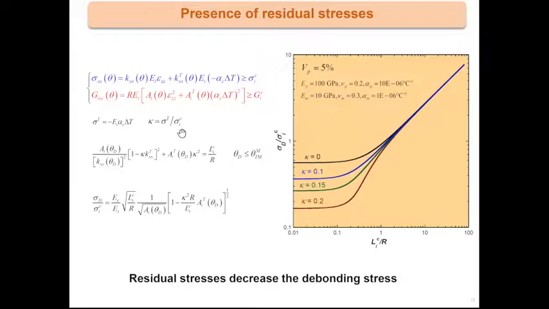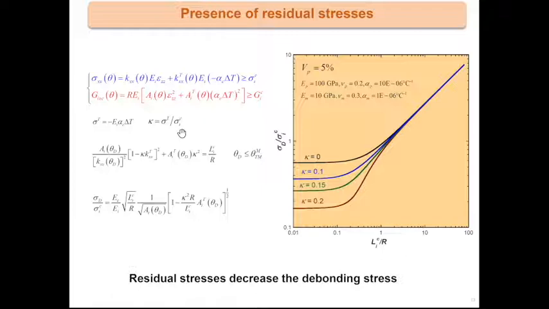Okay, and now, if you assume that upon cooling there is no cracking, you can superimpose mechanical loading. That is to say, you analyze the occurrence of debonding due to a mechanical or tensile loading, but with the presence of interfacial residual stress.